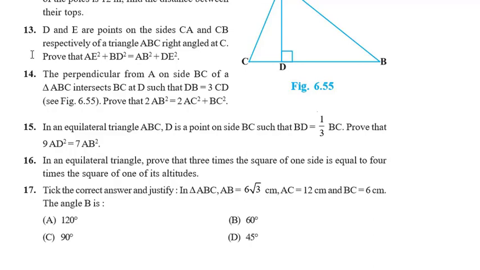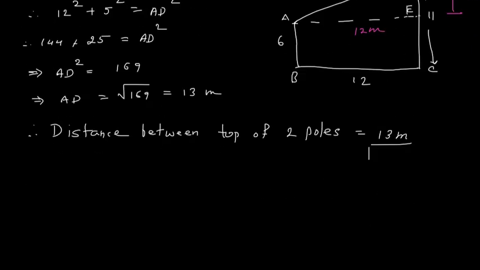So, I have a right angle triangle, right angle at point C. So, let us draw a right angle triangle. This is a right angle triangle. Let us name it as ACB. It is right angle at C.